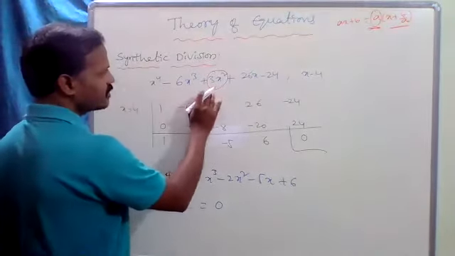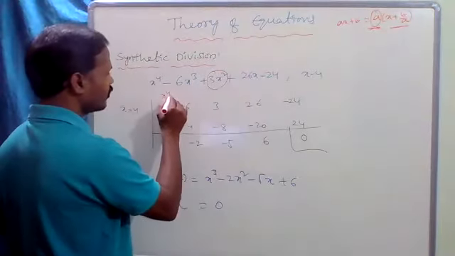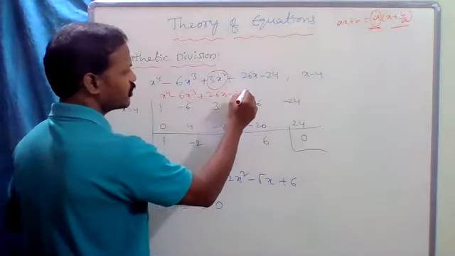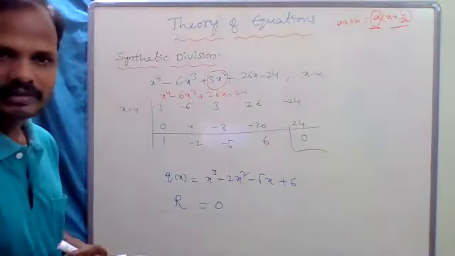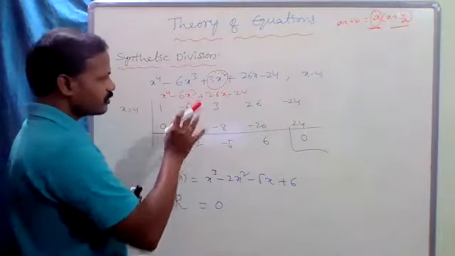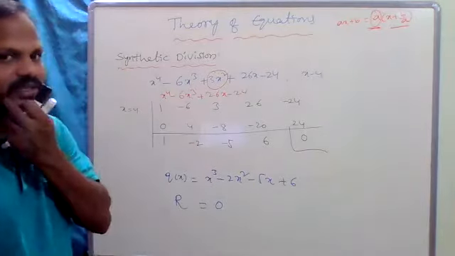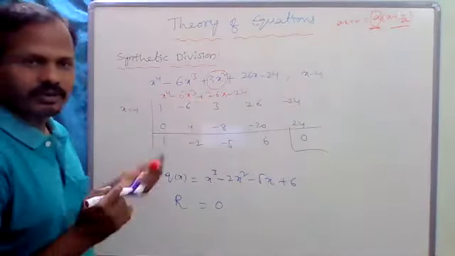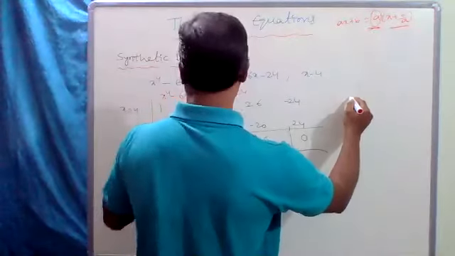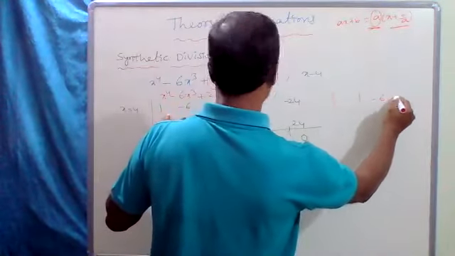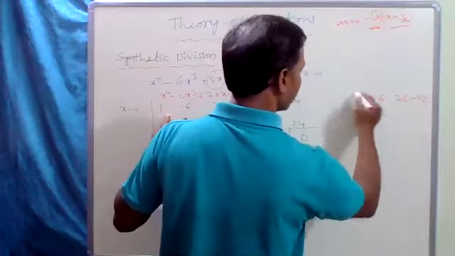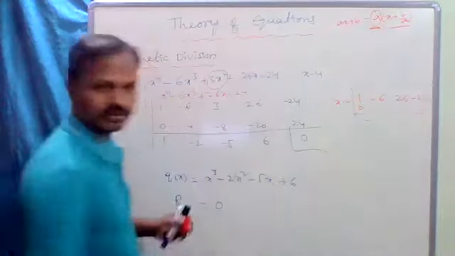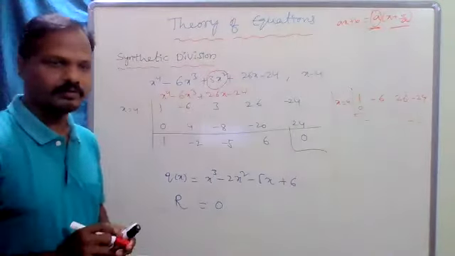In general, we won't observe the missing x square term, so while solving this problem, we would write directly: the coefficients are 1, minus 6, 26, minus 24, and x equal to 4. But it's wrong.